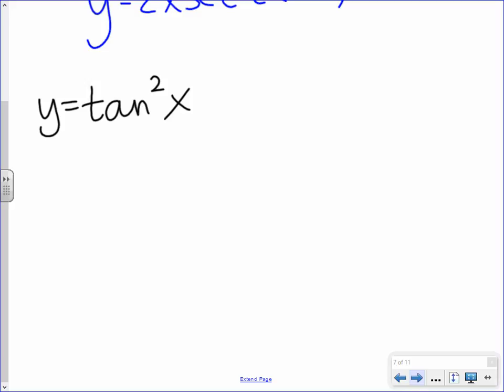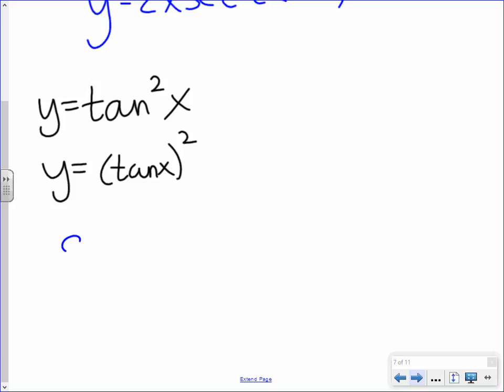I don't think it's a function. Would it help if I rewrote this? Yes. Tangent is being squared, right?